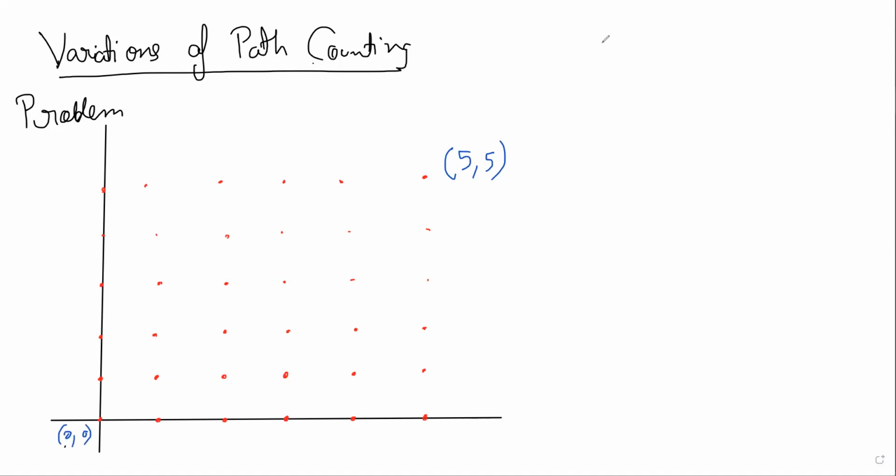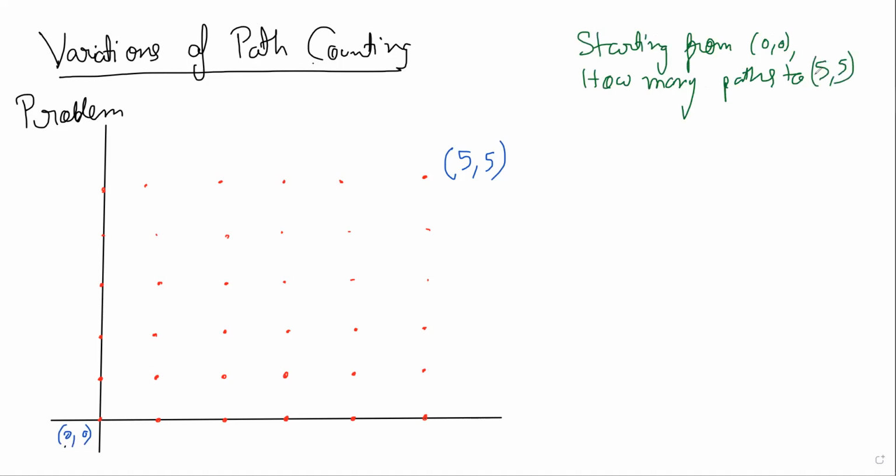So the moves are starting from 0,0. How many paths to 5,5? So this is similar.